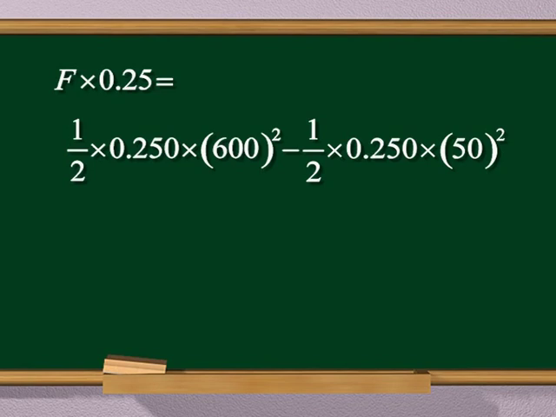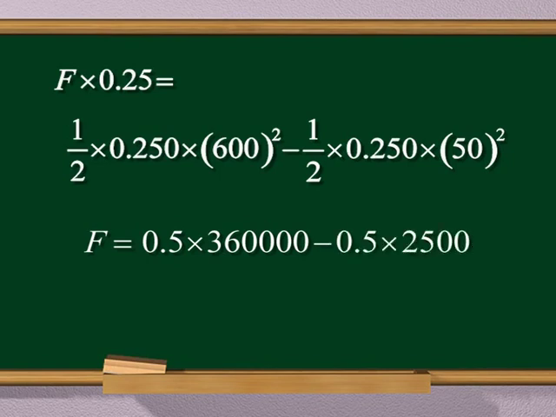Dividing both sides by 0.25, we have F is equal to 0.5 into 3,60,000 minus 0.5 into 2,500.